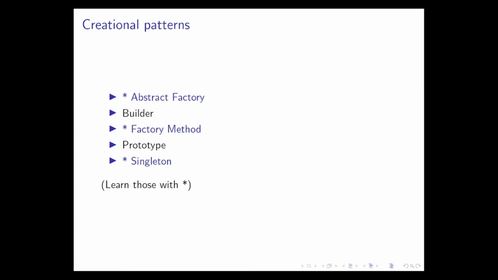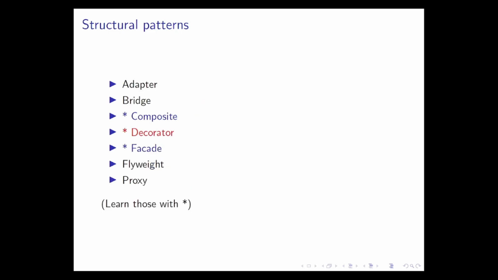So here's the list of patterns from the Gang of 4 book, and I have asterisked, and also coloured, but sometimes that isn't clear enough, the ones that I would like you to know for examination purposes. So that means being able to describe them in detail, and of course understanding their design pros and cons and being able to apply them in appropriate circumstances. So these are the creational patterns that have to do with how objects get created, and we've talked about 3 of those today. These are structural patterns.